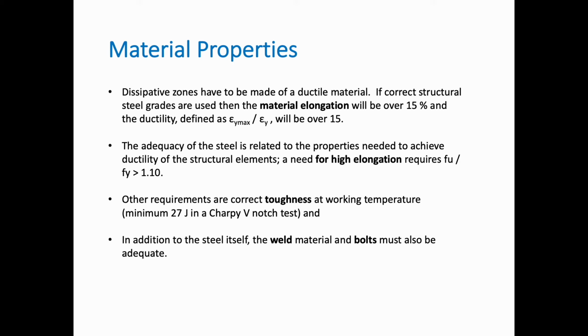In addition to the steel itself, the weld materials and bolts must also be adequate. And again, you can go back to one of the last slides of the previous session, where I was showing the dissipative and non-dissipative components of the connections and which ones we have to design for what.